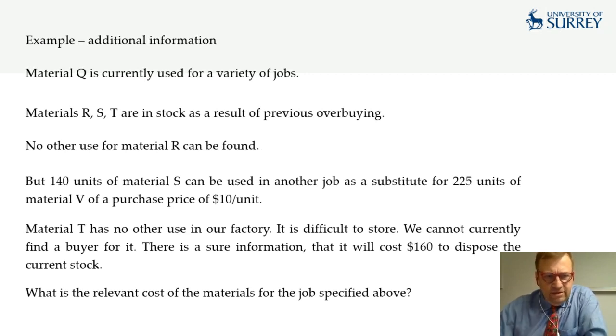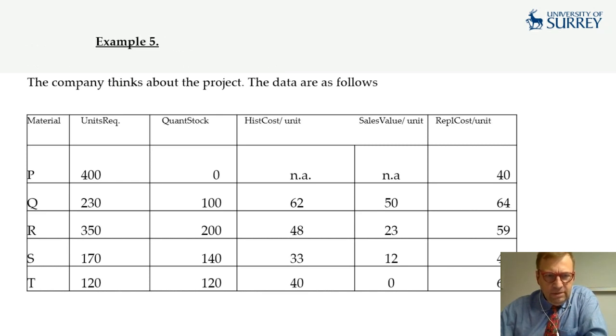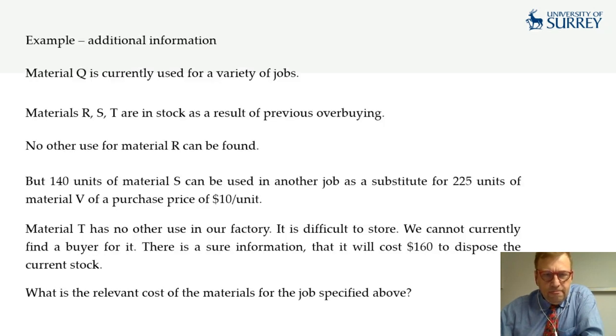So we have this material S in stock, because we need 170 for the production, and the quantity in stock is 140. So what happens?